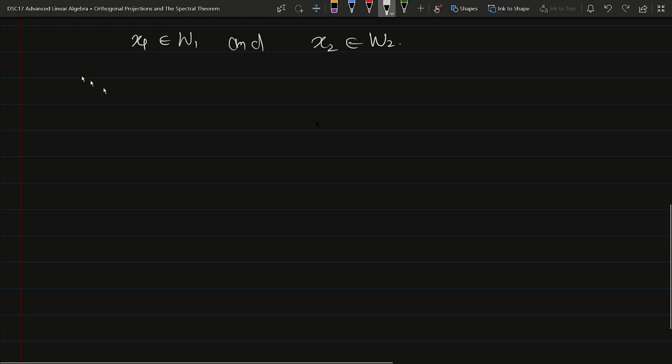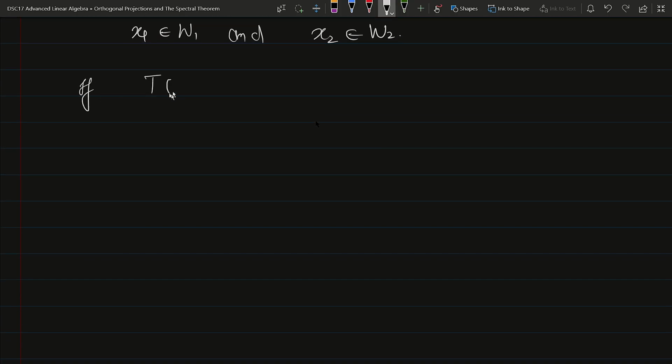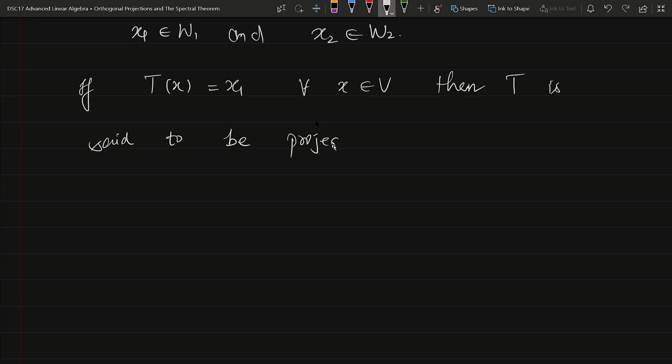ठीक है, if the T image of X is equal to X1 for all X belongs to V, then T is said to be projection of V on W1 along W2.